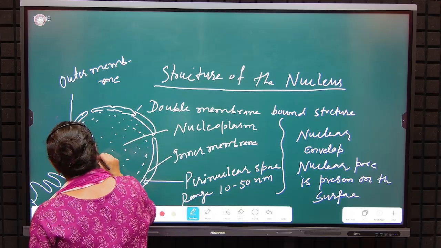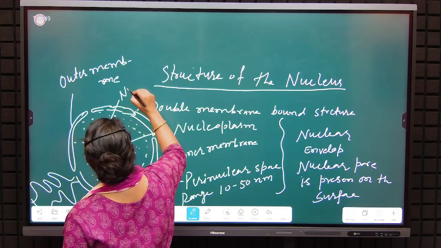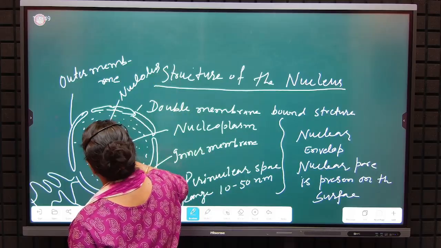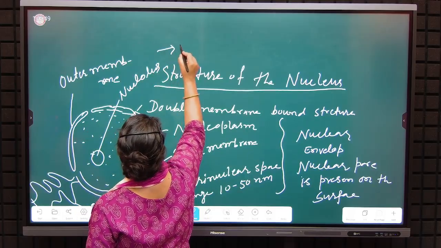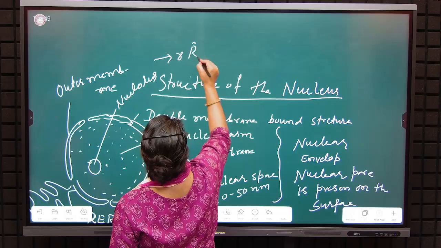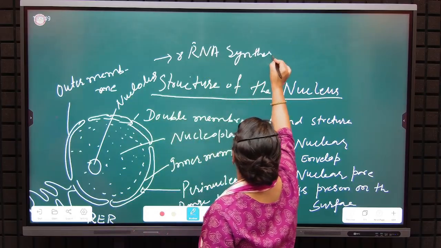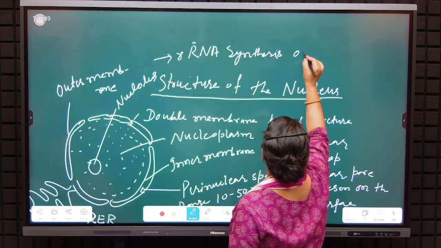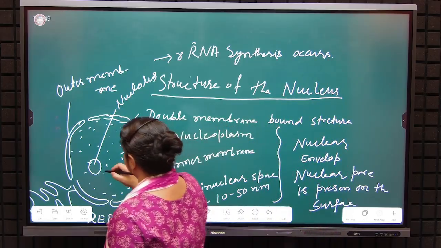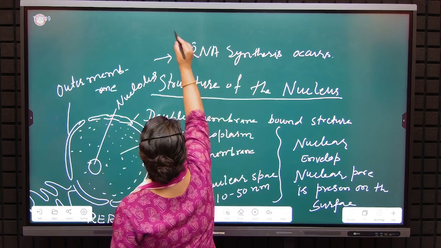In the nucleoplasm, another structure is known as the nucleolus. Here protein synthesis, RNA synthesis occurs. This is a membraneless structure.